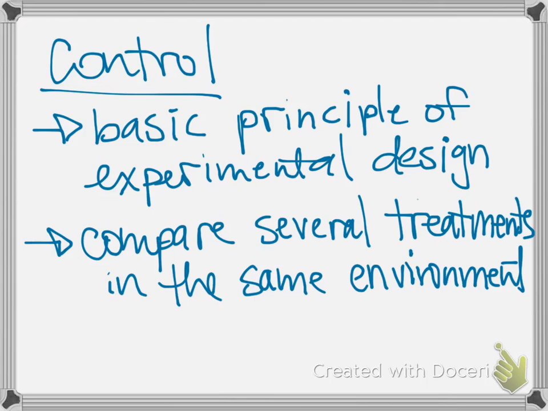If we also varied the amount of water that the seeds got from group to group or from pot to pot, then we'd have no way of knowing whether it was the watering or the sunlight that was impacting the growth of the seeds. So again, control just means basically that you are in control of your experiment, and you're only allowing the variables that you want to vary to be different from experimental unit to experimental unit.